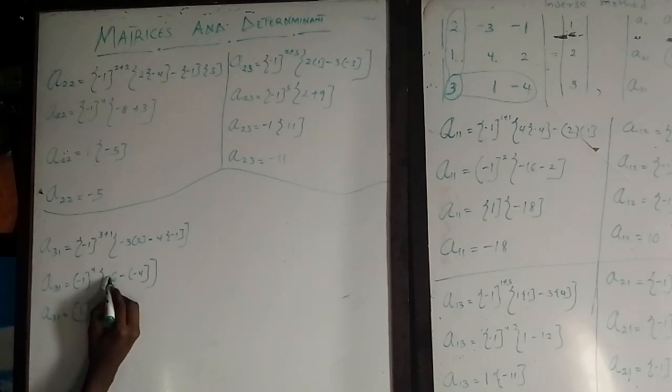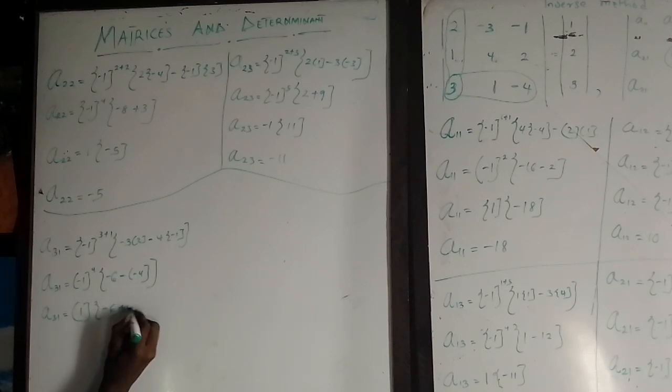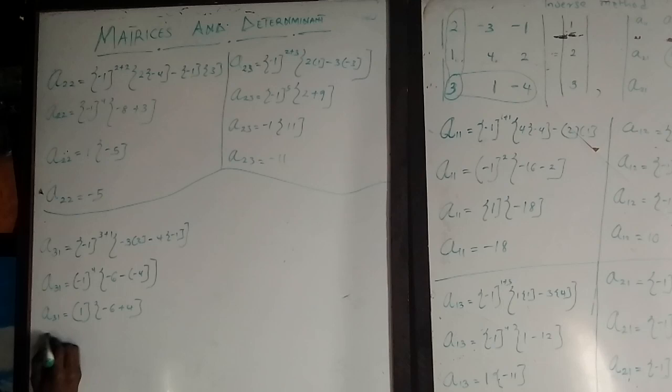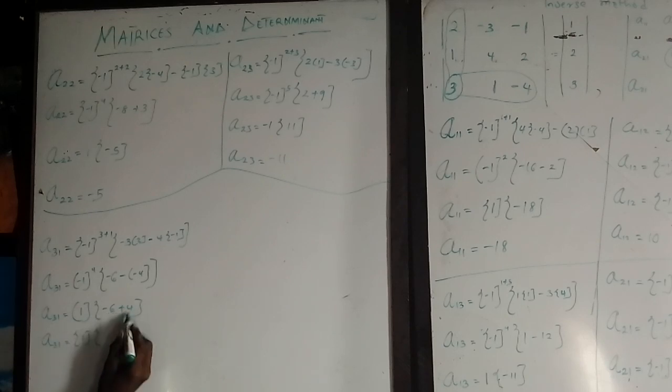So now, minus times minus will give us plus 4. So we have A31 equals to 1 minus 6 plus 4 will give us minus 2. So now our A31 equals to minus 2.